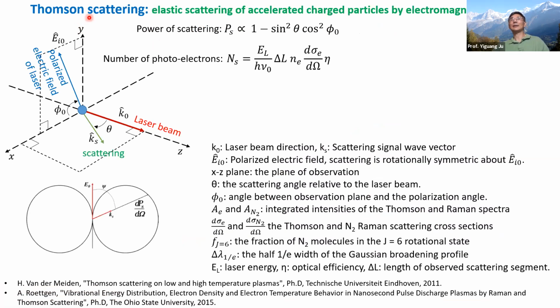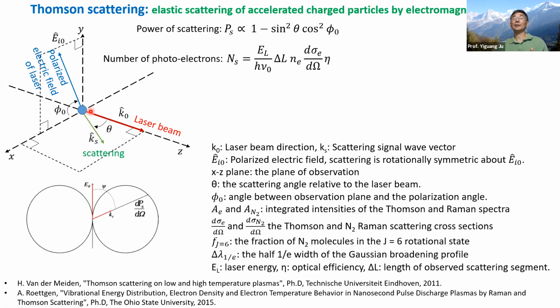Thomson scattering is an elastic scattering of electromagnetic radiation by accelerated charged particles like electrons. In other words, if you have a laser beam with an oscillating electric field, that electric field is going to accelerate electrons.